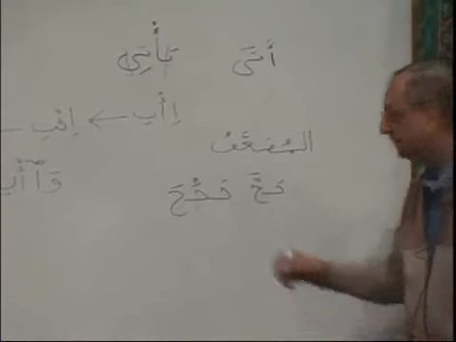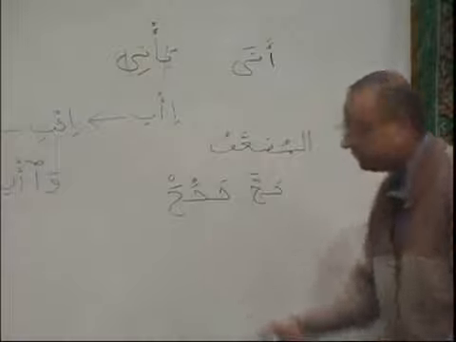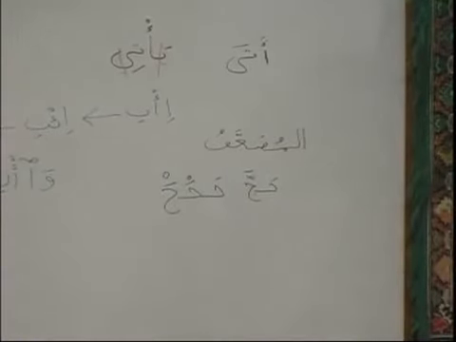Are you with me, brothers and sisters? What is happening here is that when it is a sakin pronoun, we have idgham, and when it is a mutaharrik pronoun, we break the idgham. Sahih, brothers and sisters?